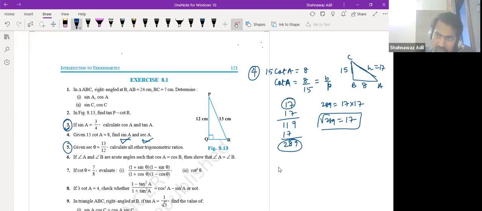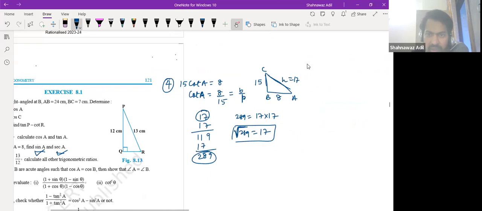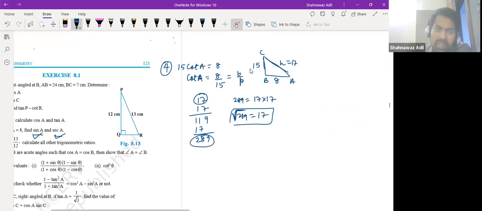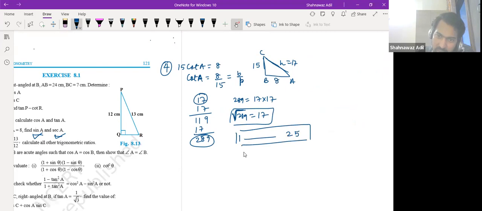How do we find the answer when we get a root? Like in this question we got root 289. If we get some other number, how can we find it out? This is some conventional method. Let's say they will give you numbers from 1 to, let's say, 25. What are the perfect squares? 1 is 1, 2 is 4, 3 is 9, 4 is 16. We have to remember these things, right?